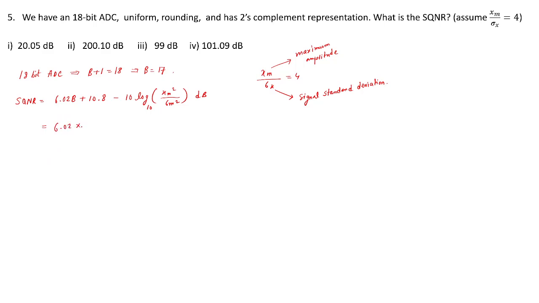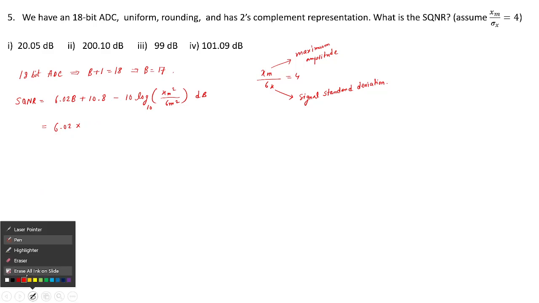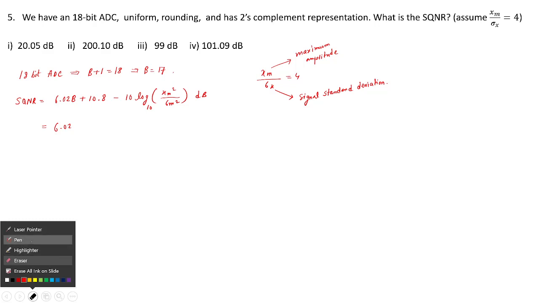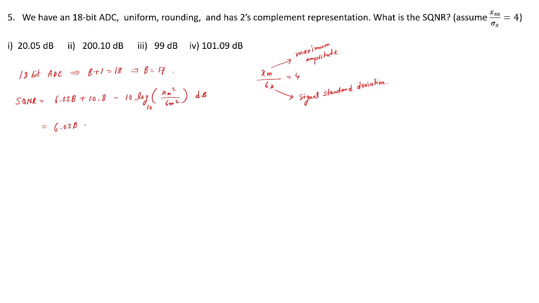6.02 into, okay, let us keep it as b, and at the last we'll do that calculation. First simplify the rest of the part, that is 10.8 minus 20, I am bringing the square outside, log base 10 xm by sigma x.